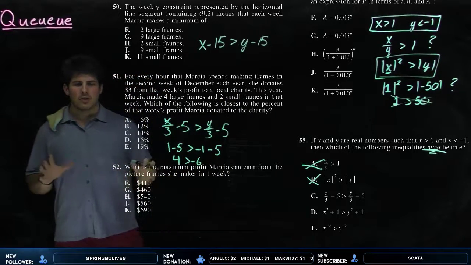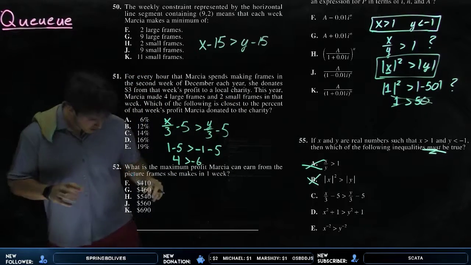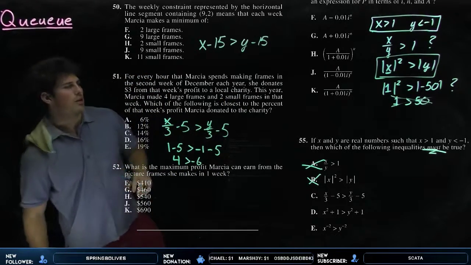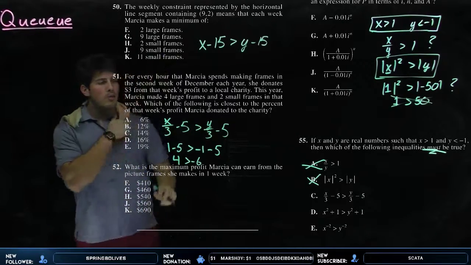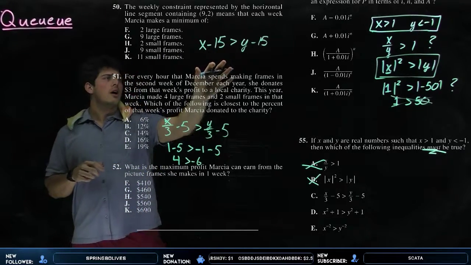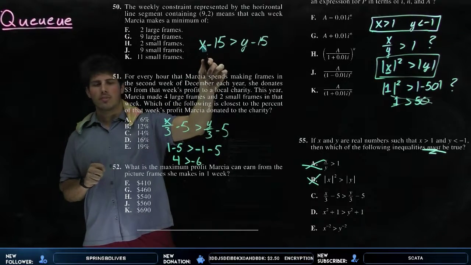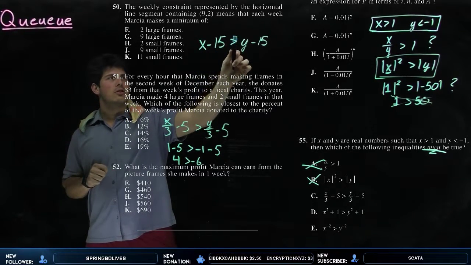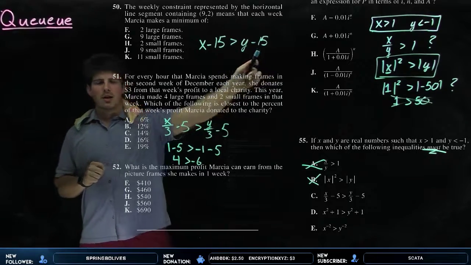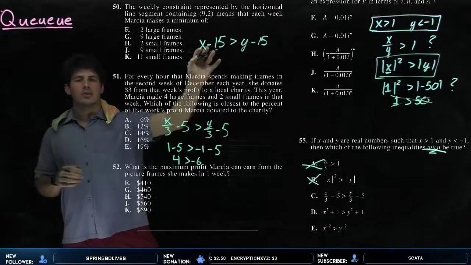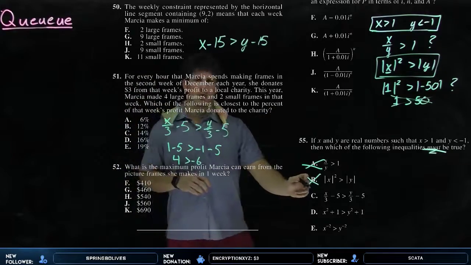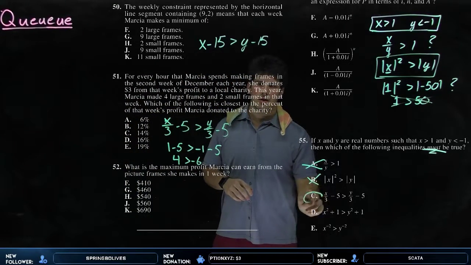Again, if at any point this is getting confusing, let me know, and I can explain or slow it down. But I multiplied by 3, so now I have something that's probably a little bit easier to look at, which is x, or a positive number, minus 15. Is that greater than a negative number minus 15? Yes, and that's always going to be true, meaning our answer ends up just being C.